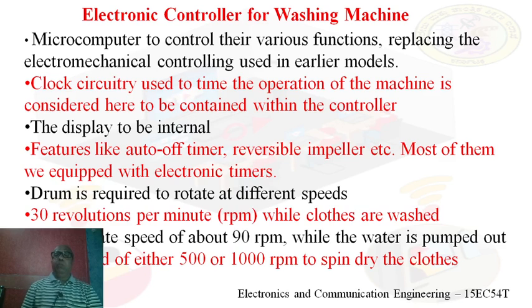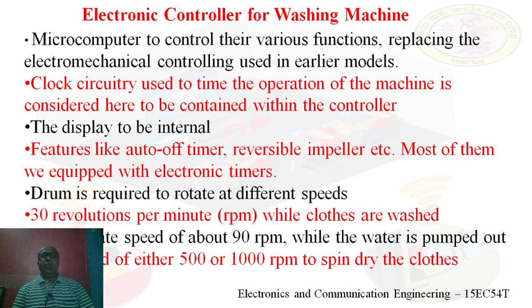As we have spoken regarding this electronic controller for the washing machine, a microcontroller controls various functions, replacing the electromechanical controlling used in the earlier models. The earlier models, or as we call them, semi-automatic washing machines, were not using the electronic PCB or ICs, but had electromechanical controlling.